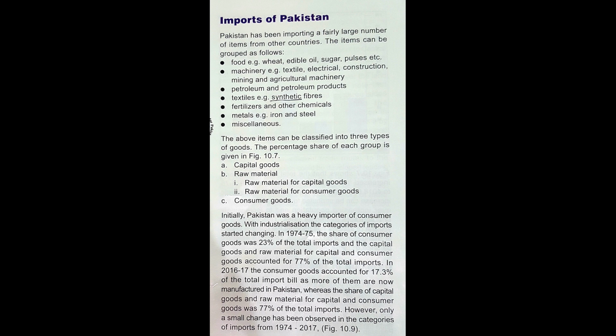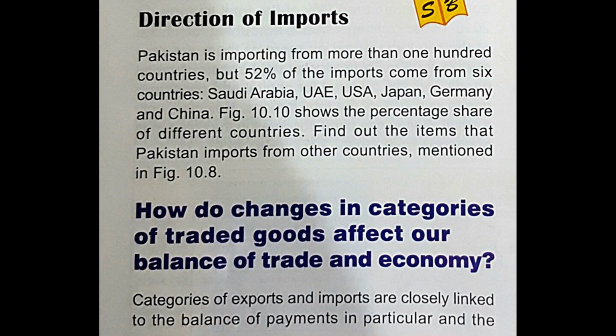Still, we are not self-sufficient, as Pakistan is developing industries in different areas, and a general improvement is observed in this sector. Still, there is only a slight change over many years. Trend of import.